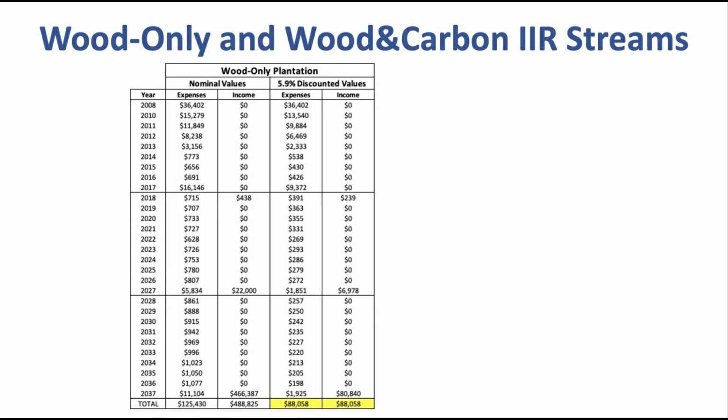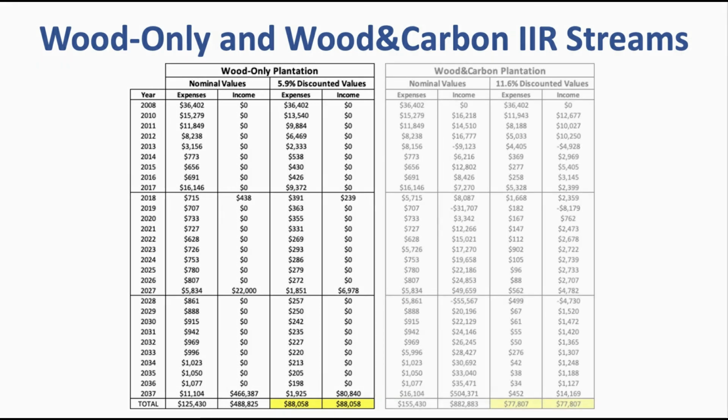And as we change the discount rate, we'll see the relative size of the total discounted income and the total discounted expenses change, and at some point they will be equal, as you can see in the yellow highlighted sections at the bottom of this table. At this discount rate, the expenses and the income have equal values over the total 30 years, and that gives us our internal rate of return.